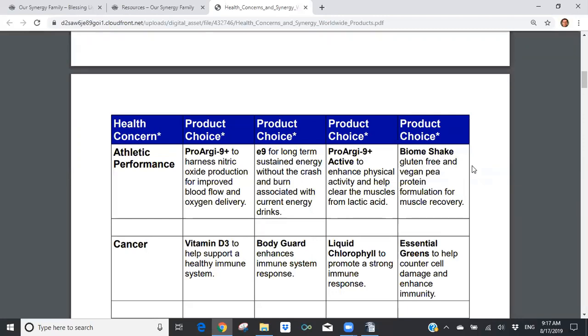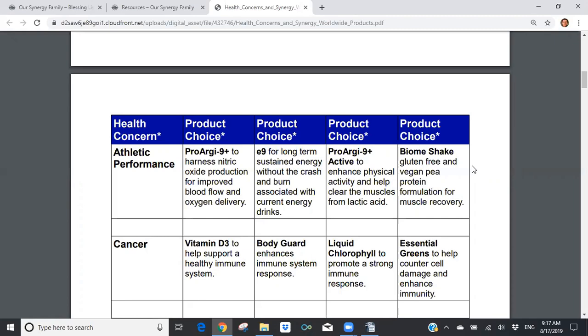However, vitamin D3 is hugely important for helping the body to boost its immune system to directly help in the process of targeting cancer. And if I was working with a person who has a cancer issue, I would suggest to them that they talk with their oncologist and ask them if they can take a vitamin D3 supplement to help boost their immune system.